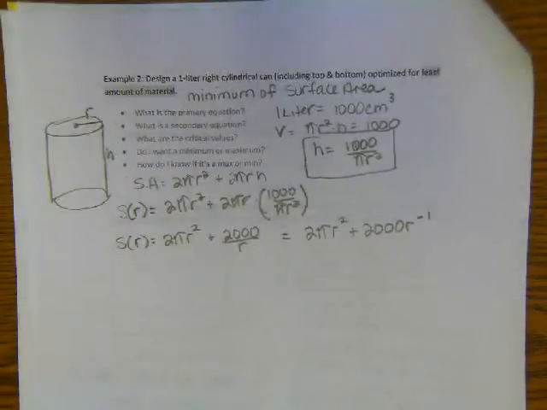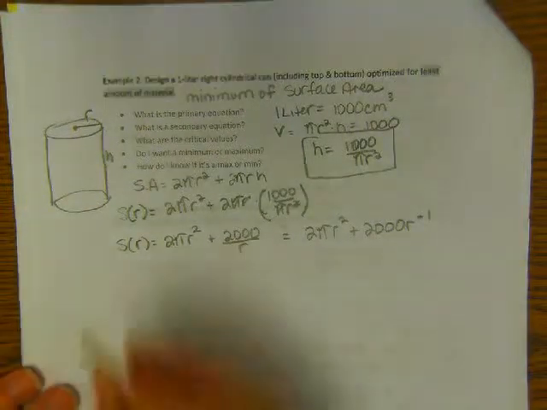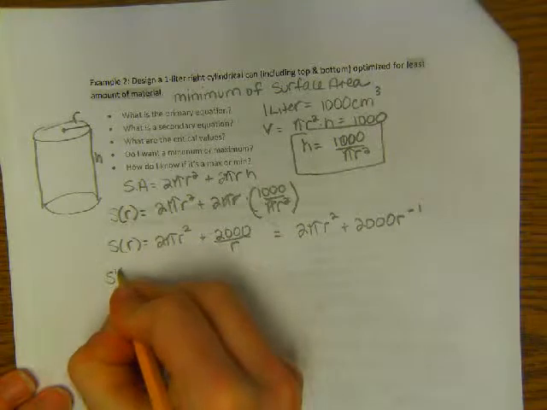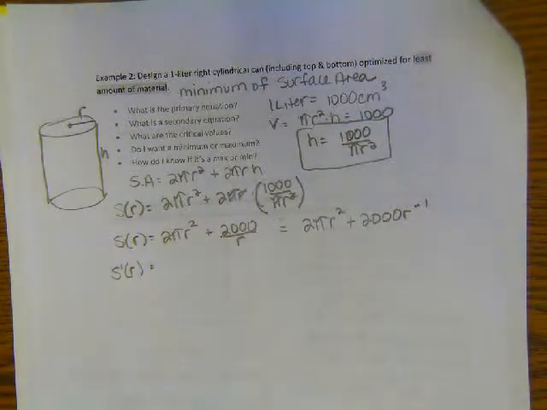Alright. Now, since I'm minimizing, I am going to take the derivative. Would you do that, please? So, S prime of r. You guys do it. Let's see what you got.